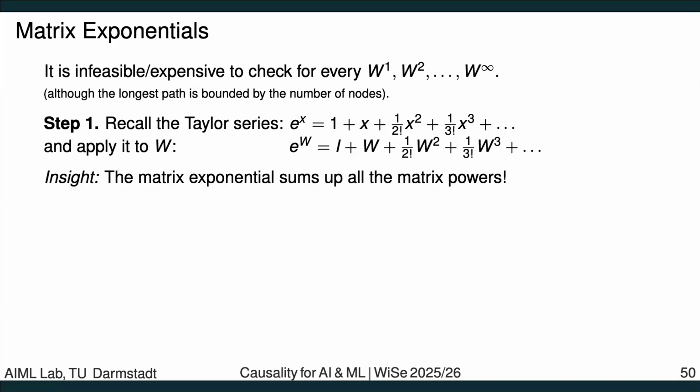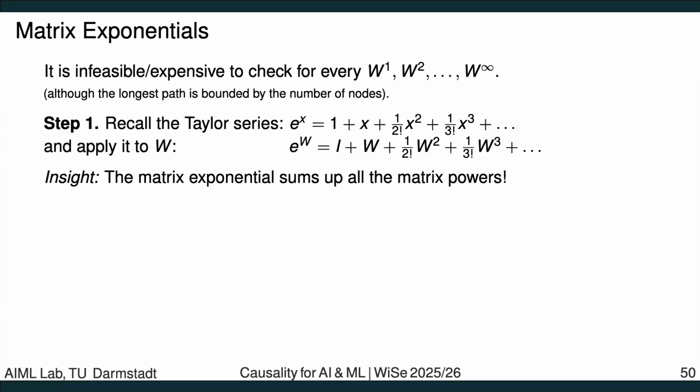It's super helpful for all kinds of graph-related things, for proving whatever properties. But the interesting observation here is that by computing this, we get all of these powers of the matrix in this series. Of course it's somehow weighted, but we just sum up all the matrices.